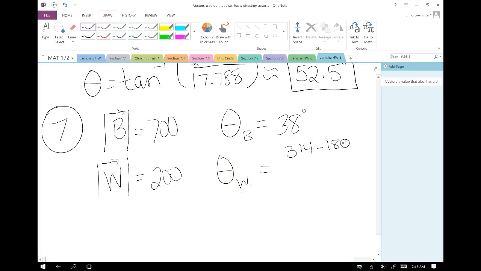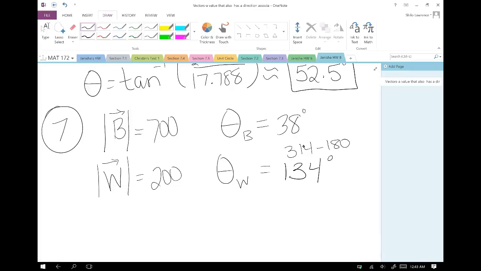So 314 minus 180 is 134. That's the actual direction that the wind is going in. Not where it's coming from, but the direction it's going in.